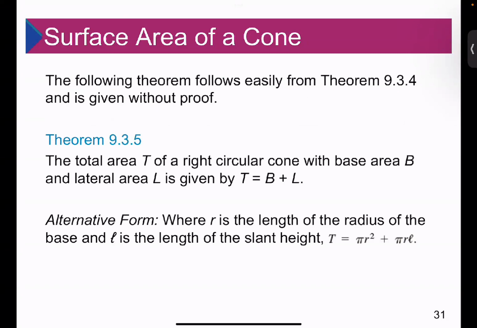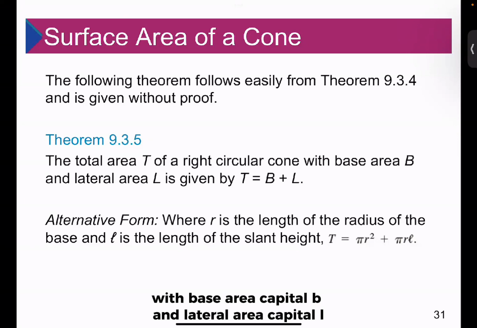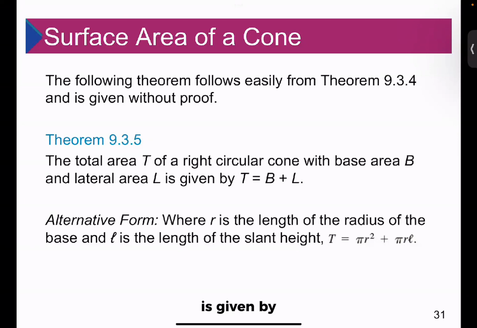For theorem 9.3.5, the total area capital T of a right circular cone with base area capital B and lateral area capital L is given by total surface area equal to one base area plus the lateral area.